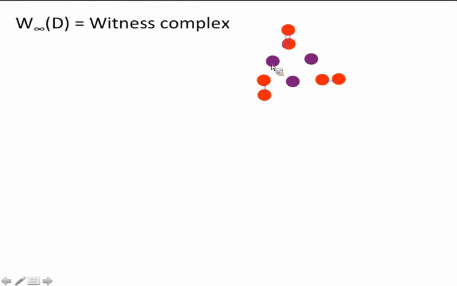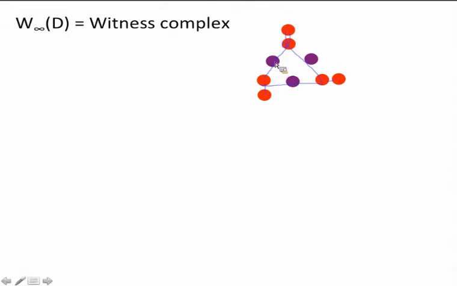But now let's take a look at the black ones. If I take a look at all pairs of vertices that are red, that are closest to the black one, well, these are closest. These are closest. And these are closest. And so now I do create the triangle. But now let's take a look at what else I should throw in. Should I throw in this triangle?